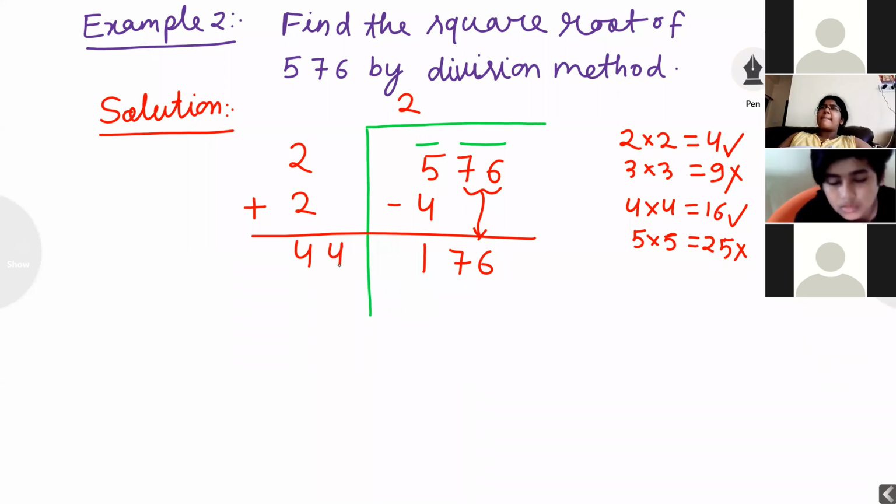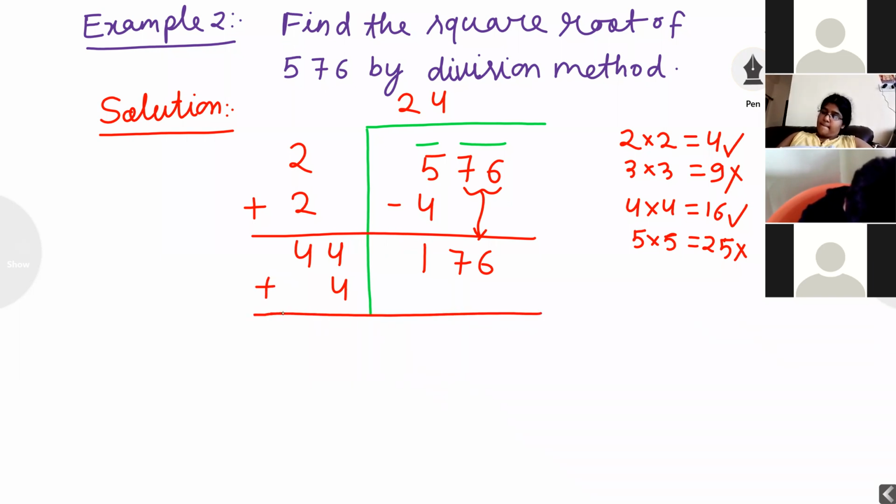4 up, 4 down. Again, I add 4 plus 4, 8, 48.